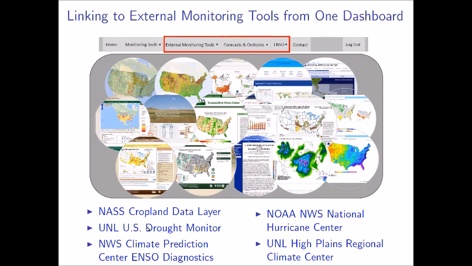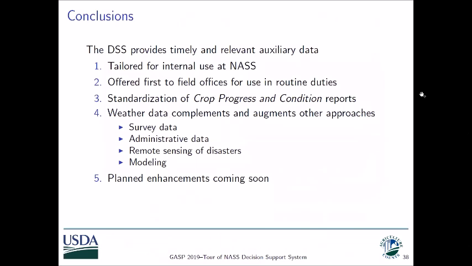We have information from University of Nebraska's Drought Monitor, El Nino Southern Oscillation discussion, hurricane, and information from the High Plains Regional Climate Center. Just in conclusion, the decision support system is providing a wealth of timely and relevant auxiliary data.